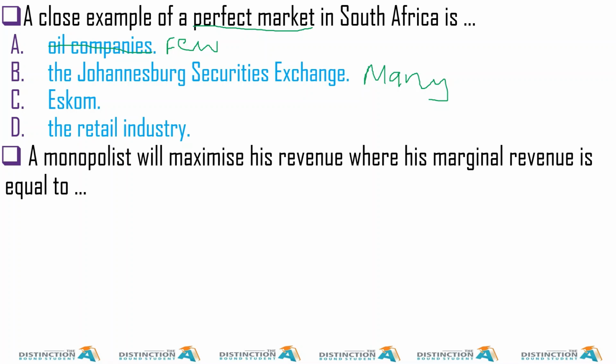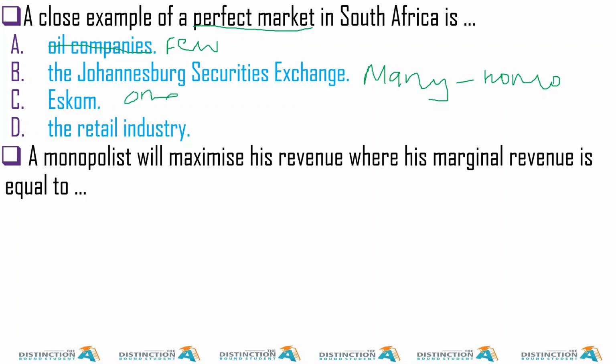You'll see that there are so many shares being bought and sold in seconds, and there are so many companies listed on the JSE. All right, and shares for, let's say, Naspers, they are all identical. Millions of shares, they are 100% identical. So we see that they are homogeneous. So this one meets both criteria.